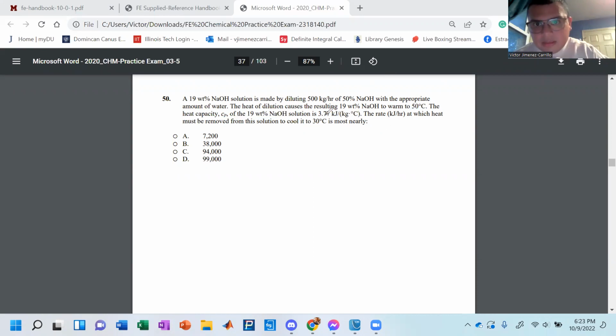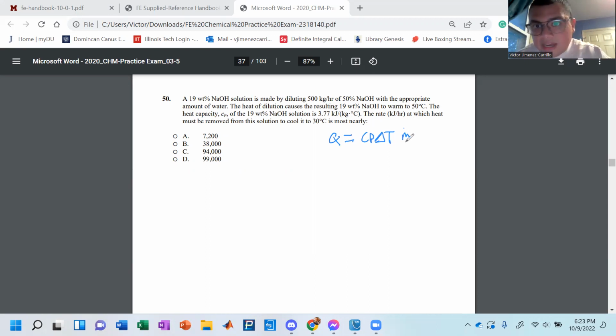So they give you a heat capacity, they give you a rate, and they also give you the heat removed. Your thermodynamics brain should immediately be thinking of one equation and one equation only, and that is Q is equal to m dot Cp delta T. And that's it. That's the main equation for this.